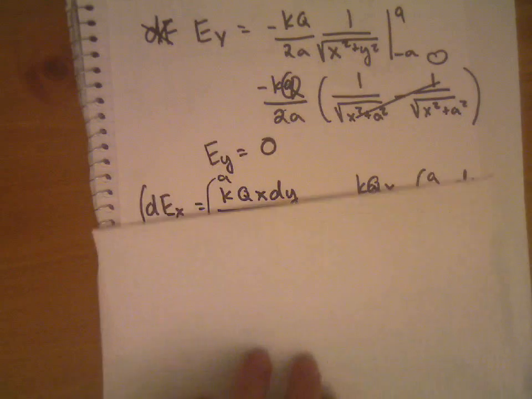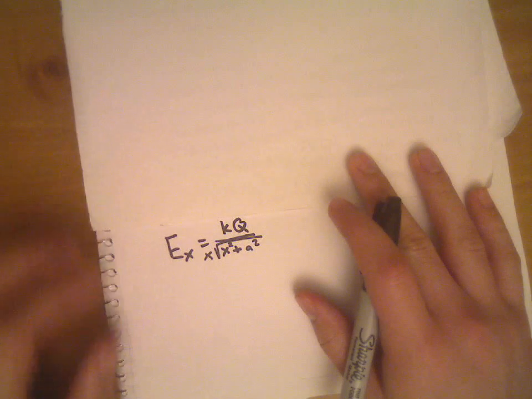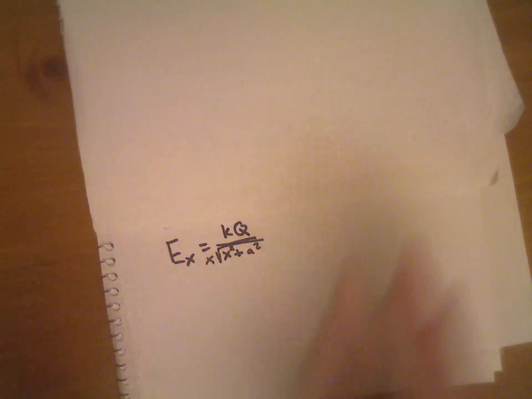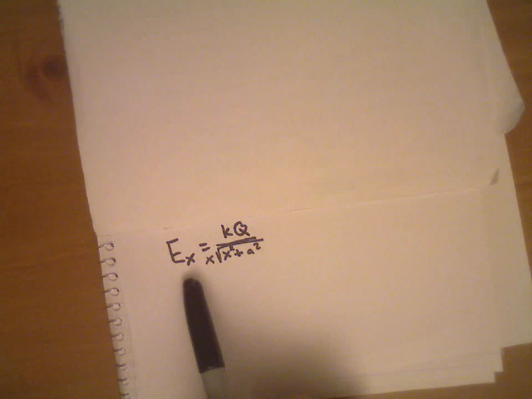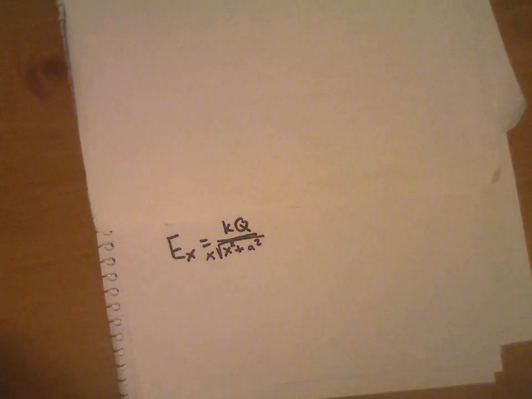I'm just going to skip ahead to the bottom and say that our integral, after solving it out, is kq over x times the square root of x squared plus a squared. So again, don't worry about how we got there. It's just integration and simple algebra.